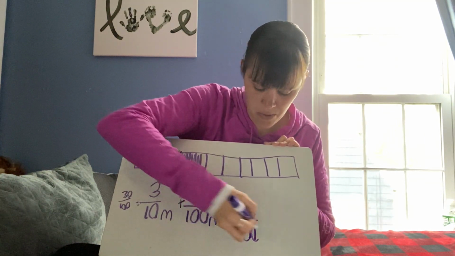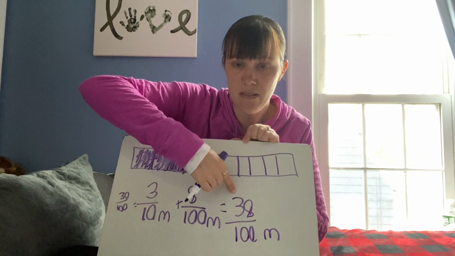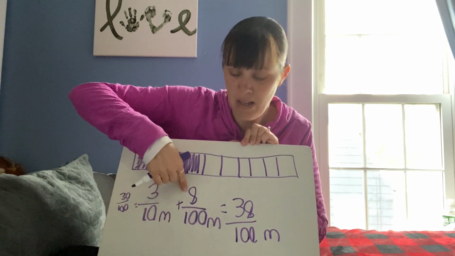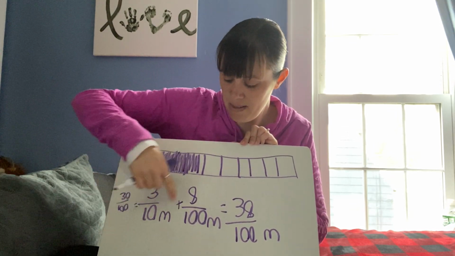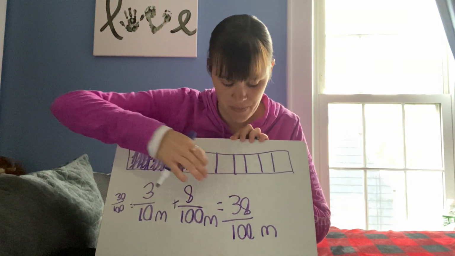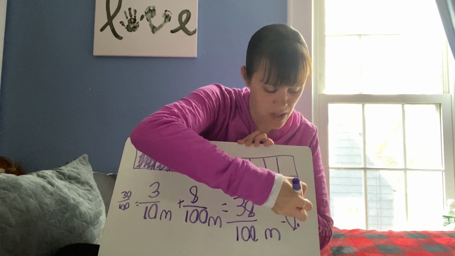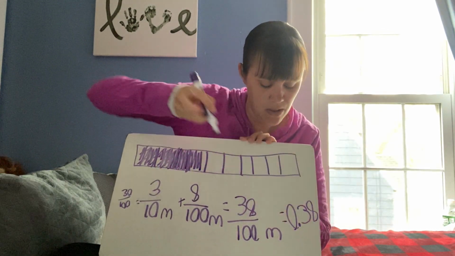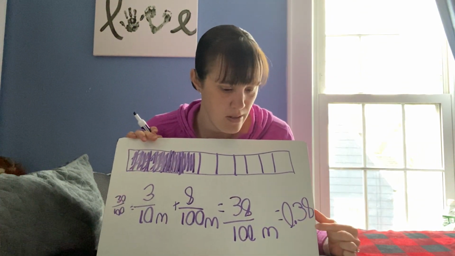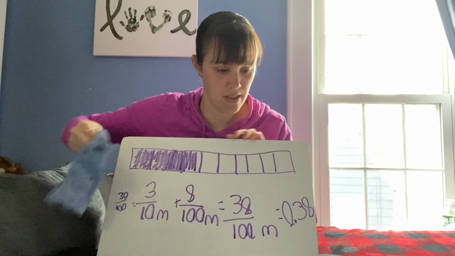Now that should have been labeled. 3/10, 8 ones. I want you to think of it that way. So our decimal would be 38 hundredths. That's how you say it, 38 hundredths. I know, this is like a brand new world for us, isn't it?